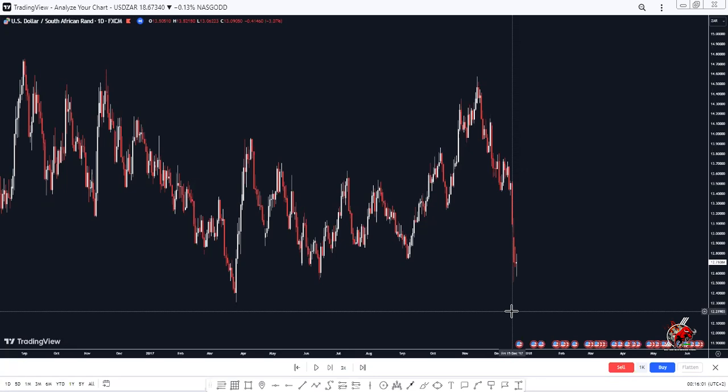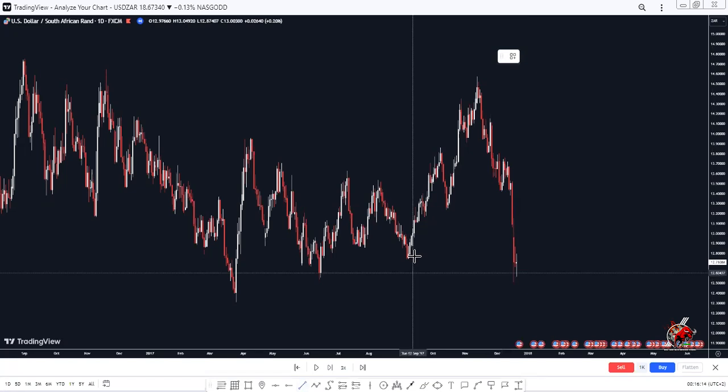If you focus on a swing point, you will understand that this right here is a break of structure to the downside, because this is our last swing point that broke structure to the downside.